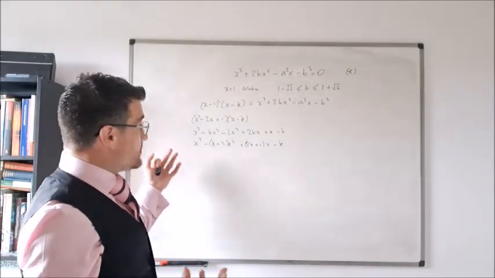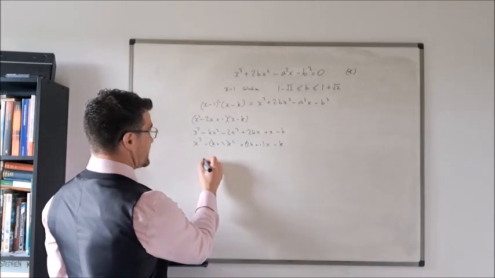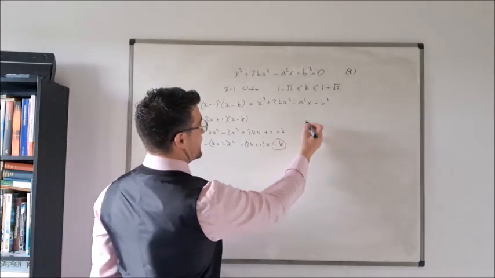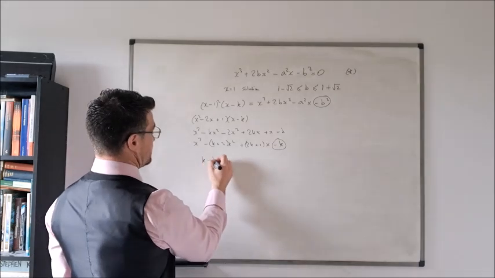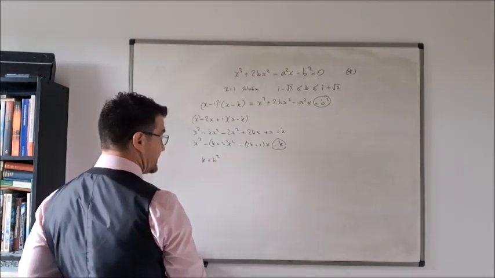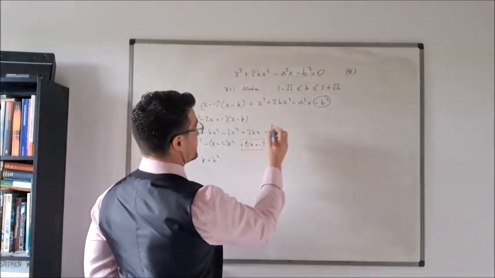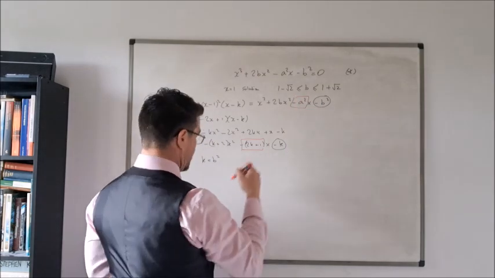So if this is going to work, what do we need? We need that k is going to have to be equal to b squared. We're going to have that 2k plus 1 is equal to minus a squared.